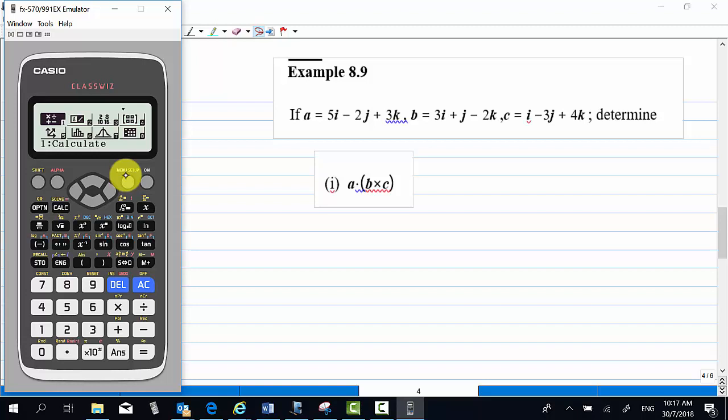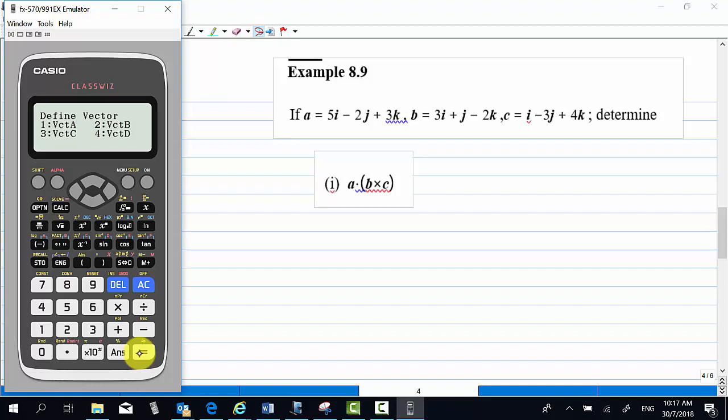Here is the demonstration using Classwiz. First, you go to the menu and select vector. So vector is icon number 5. Then equal. Then you try to define vectors A, B, C. All the vectors A, B, and C are 3-dimensional vectors.